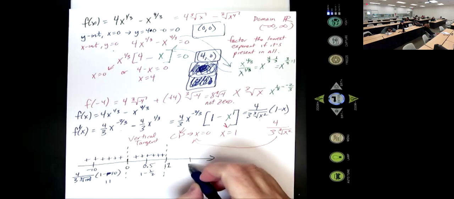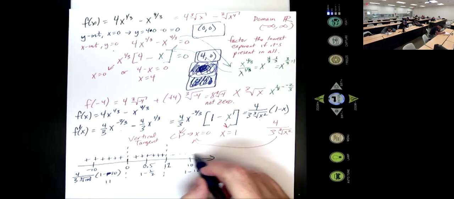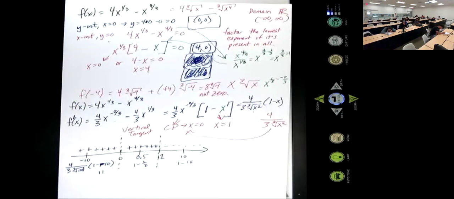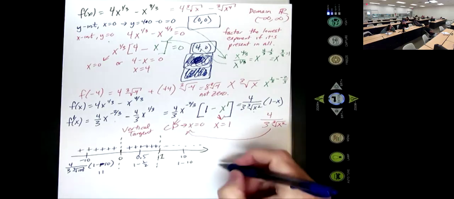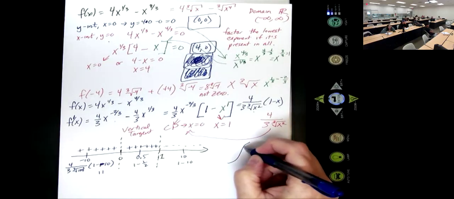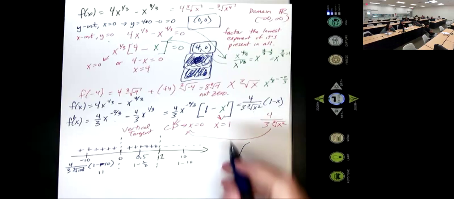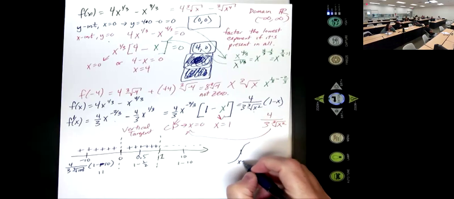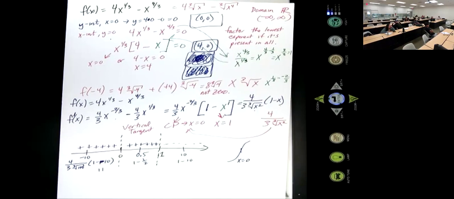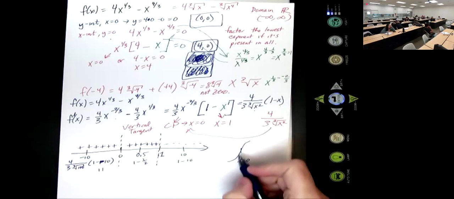And sticking in something like 10, 1 minus 10 is negative. So this doesn't sound like a cusp, it sounds like the line just keeps increasing. It's got a positive slope the whole way, something like this at x equals 0, increasing and increasing.